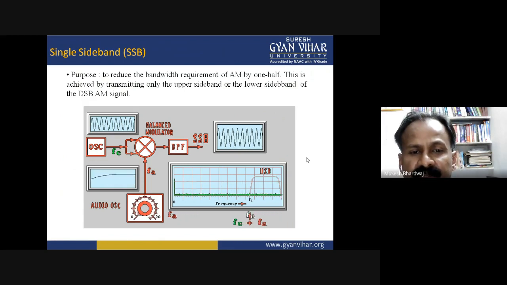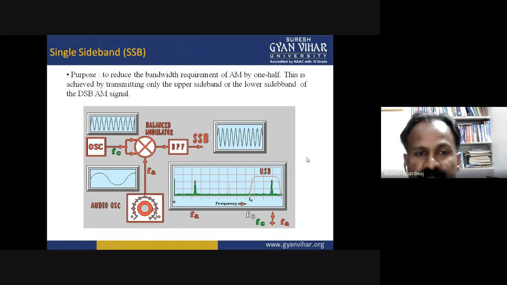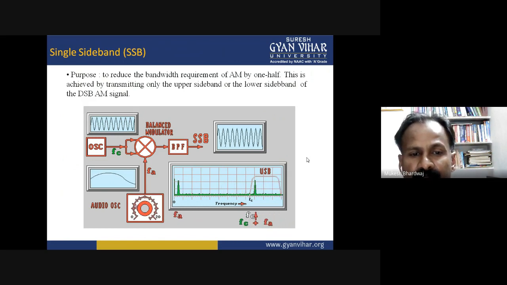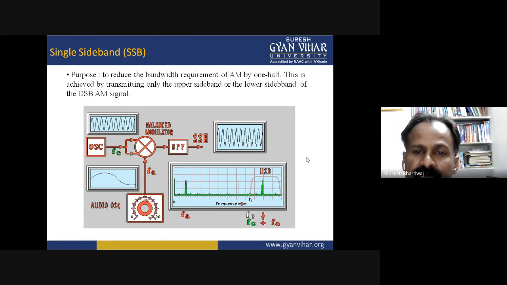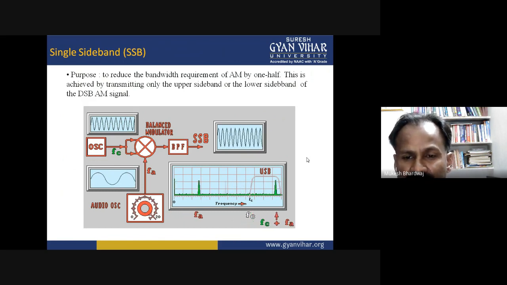This is the diagrammatic representation of how the signal is transmitted. An oscillator generates the carrier frequency and the audio signal passes through the balanced modulator and band pass filter, which then gives single sideband, and the single sideband signals are having lower sideband and the upper sidebands, and they need to be transmitted.